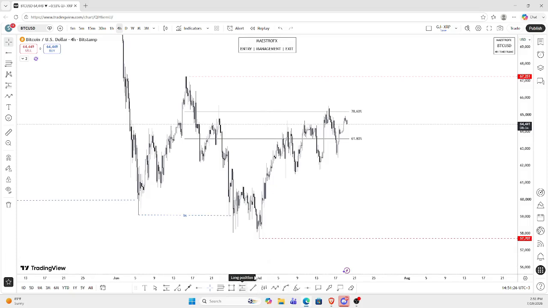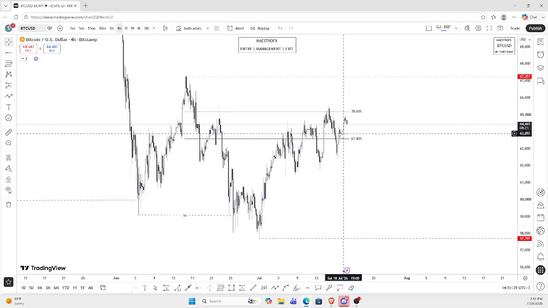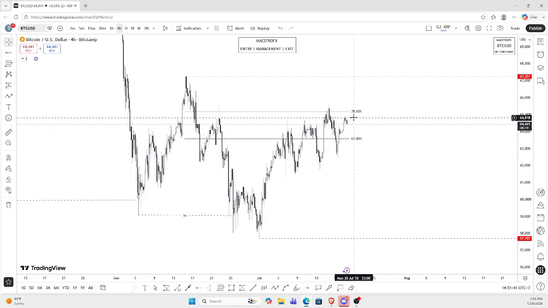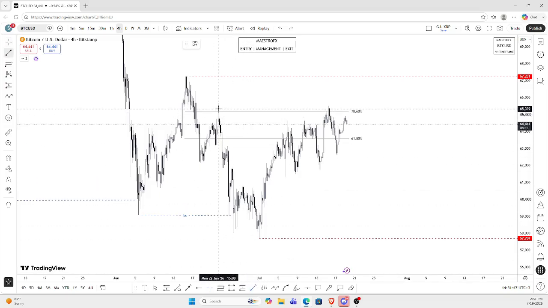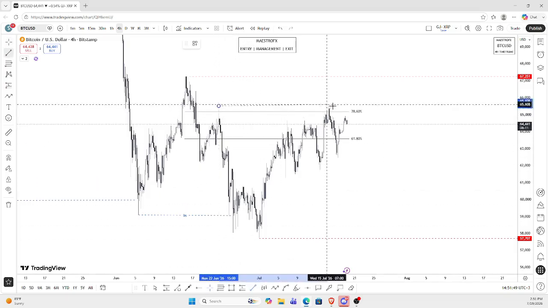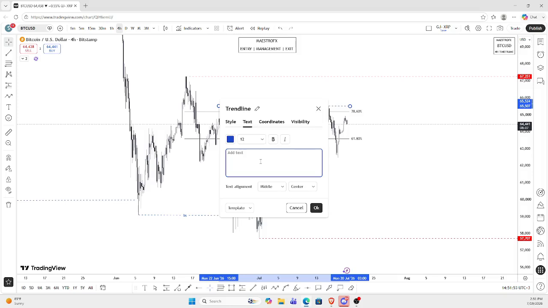And for that case, as usual, we are only looking to capitalize on these short positions once we reach the premium levels. In this case, you can take the 61.8 Fibonacci, but 78.6 is our stronger level, as we have this internal liquidity over here to fuel that movement to the downside.